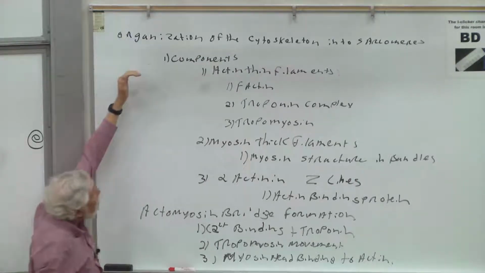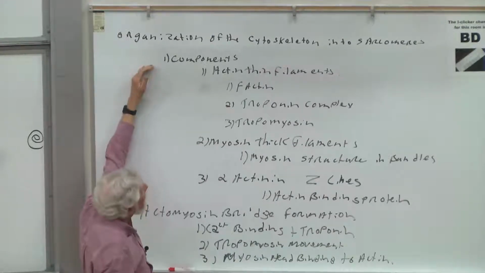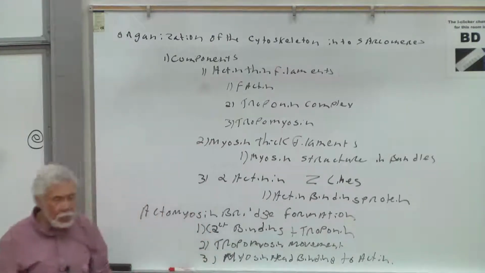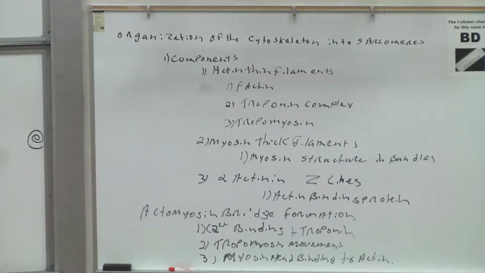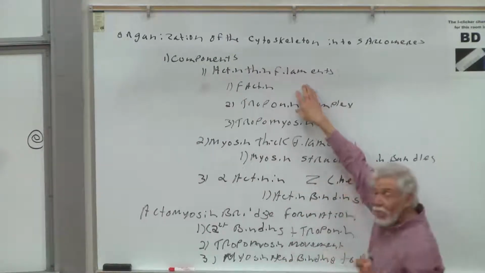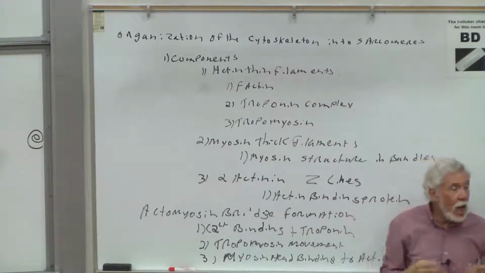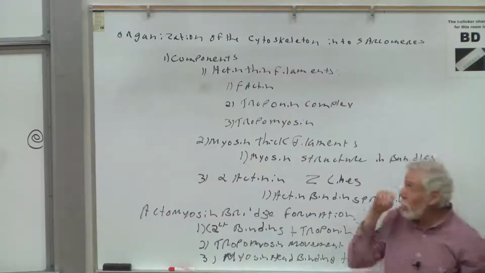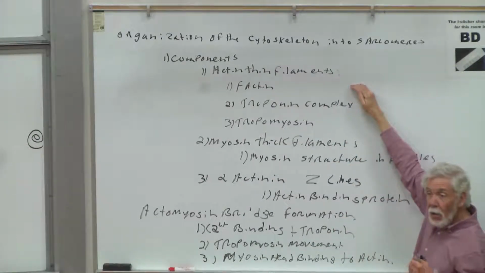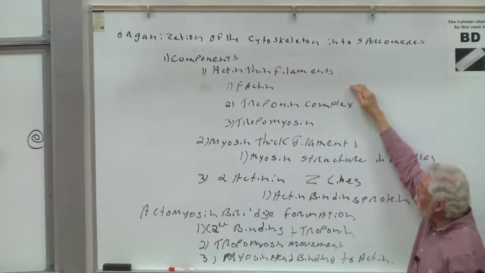And these sarcomeres laid out in sequence are organized in a repeating pattern. The repeating pattern is such that you see these actin thin filaments. Now, we've talked about actin thin filaments before, in terms of how they're organized in the cytoskeleton.